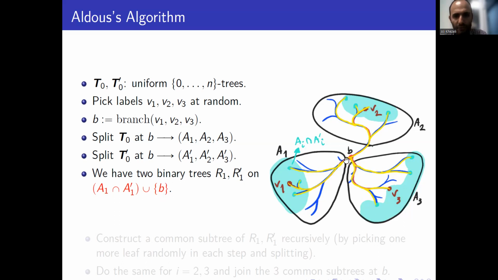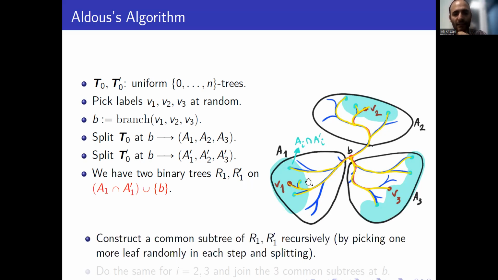B, I should have drawn it inside the region here. B was not a leaf, but when we split at B, B becomes a leaf in the first tree. So for each of these three regions, we have two binary trees, which are R1 and R prime 1, R2, R prime 2, R3, and R prime 3.